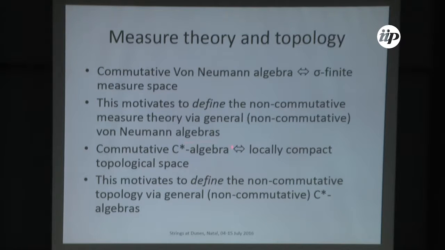Another very important example is here. This is already more relevant for me. Essentially, this is a result from the 40s due to Gelfand and Naimark: you can talk either in topological language about locally compact Hausdorff spaces, or you can talk about the algebra of functions on those spaces, which you can easily show is a commutative C-star algebra.